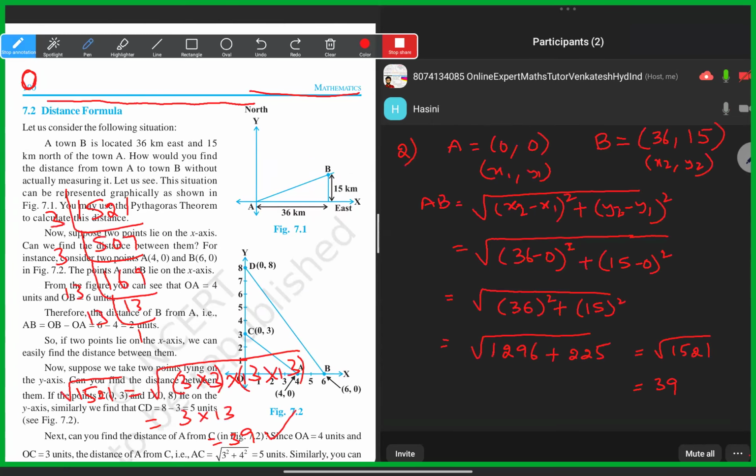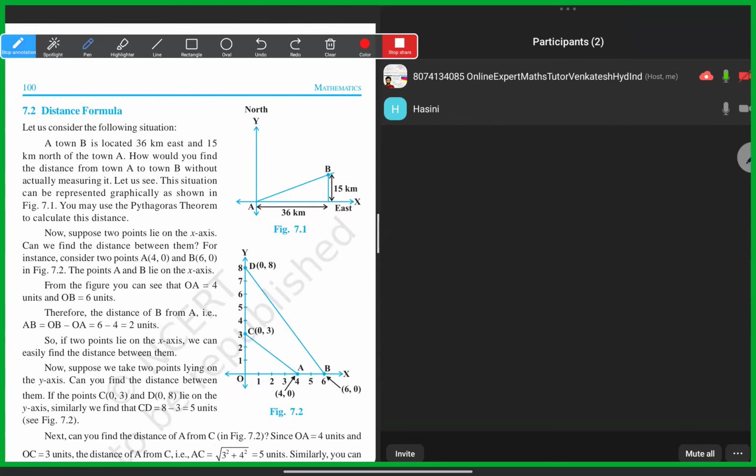So here they actually gave the points A and B, and we can just find the distance between A and B. A's position, the town is at A, A is (0, 0), if you see from the figure. How would you find out the distance from town A to town B without actually measuring? Here town A is located at (0, 0).